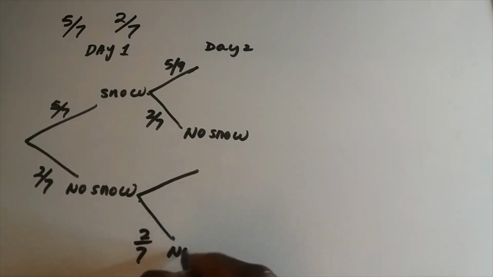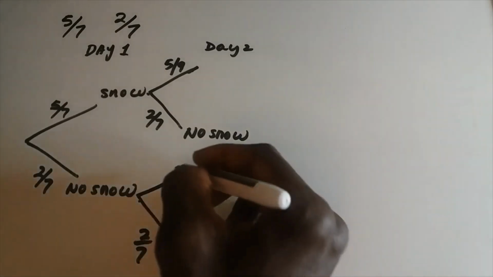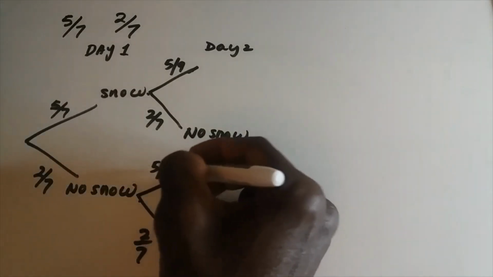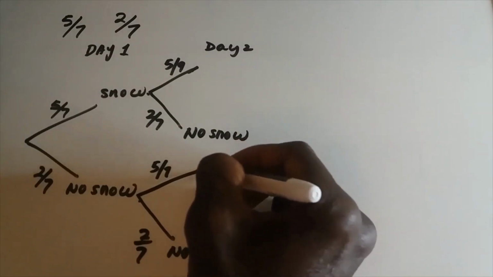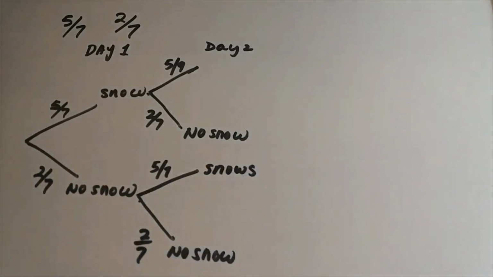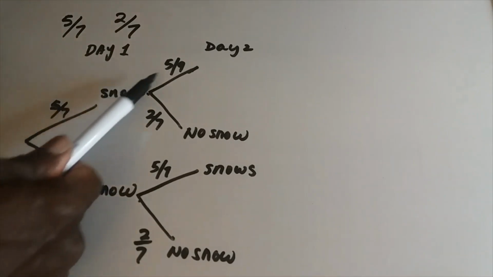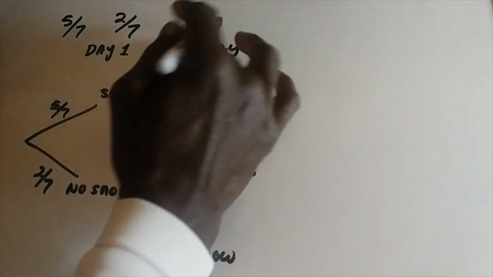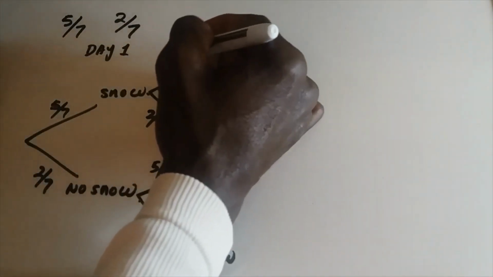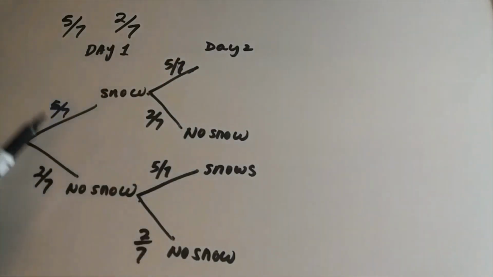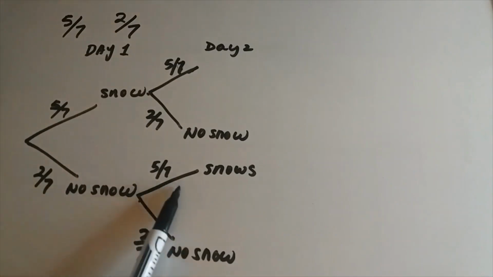No snow, or 5 out of 7, and it snows. And that's our probability tree showing the different probabilities. So following snow, we can have another day of snow, or we could have no snow. And following no snow, we could have that it snows or it doesn't snow.